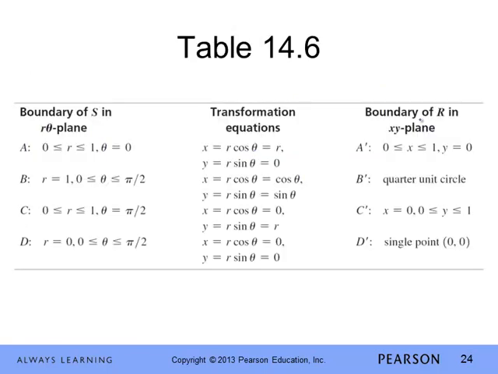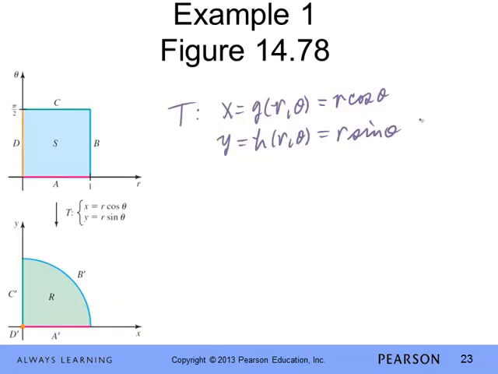So I'm just going to move along here. We talked about what gets mapped to what. We did this transformation here. These are really just talking about mapping the boundary lines. Let me go back to the previous slide just to explain.